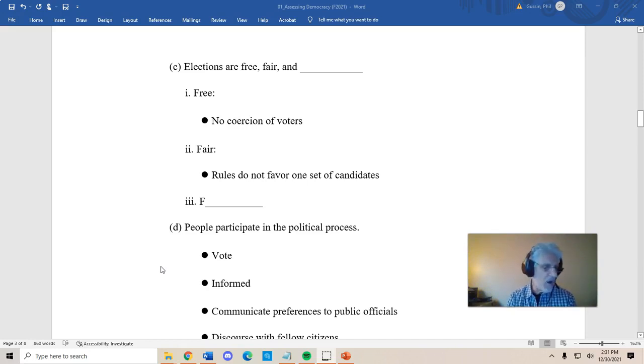Now, as I'm sure you know from your American history, that has not always been the case, right? One of the things that we're going to be talking about as we talk about some issues pertaining to voting is there were a variety of methods that were used once the 15th Amendment was passed and the government was not allowed to restrict voting on the basis of race.